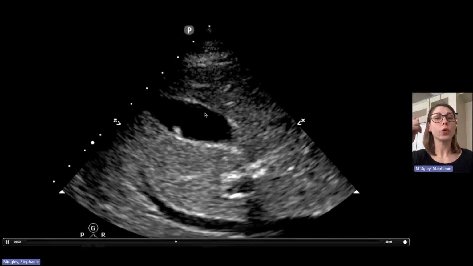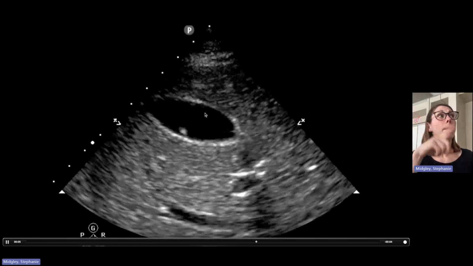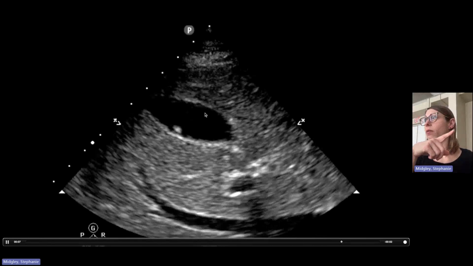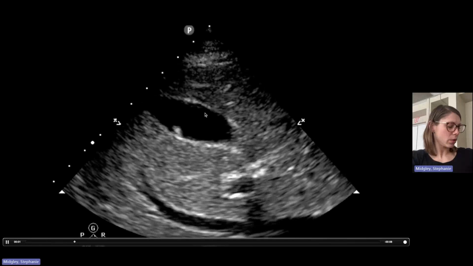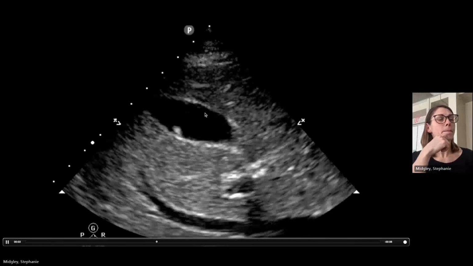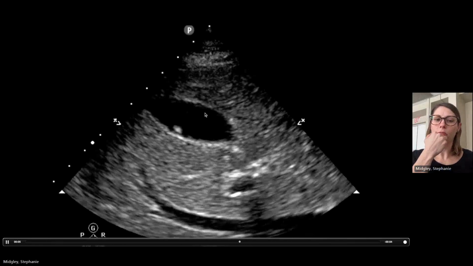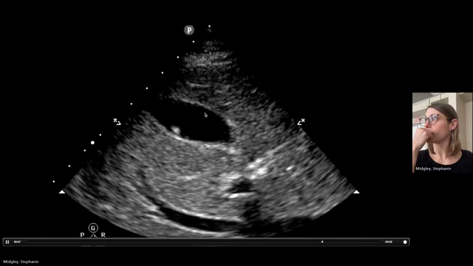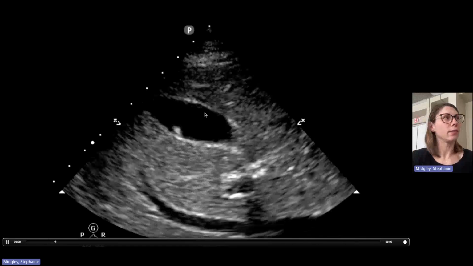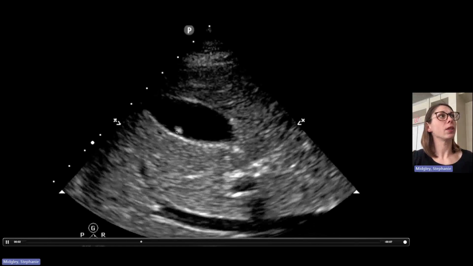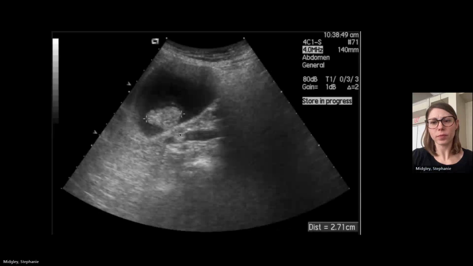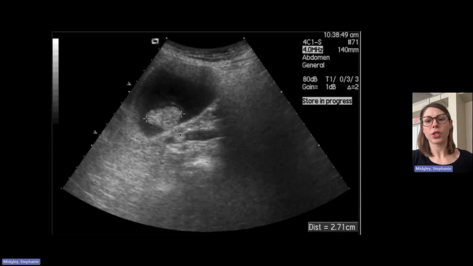So a stone is going to give you that twinkle artifact. A polyp, depending on size, might actually have some vascularity to it. So that's another way. What's another one? Exactly, movement. So if you roll this patient, that's going to stay in the same spot. Polyps start to become an issue when they get really large.